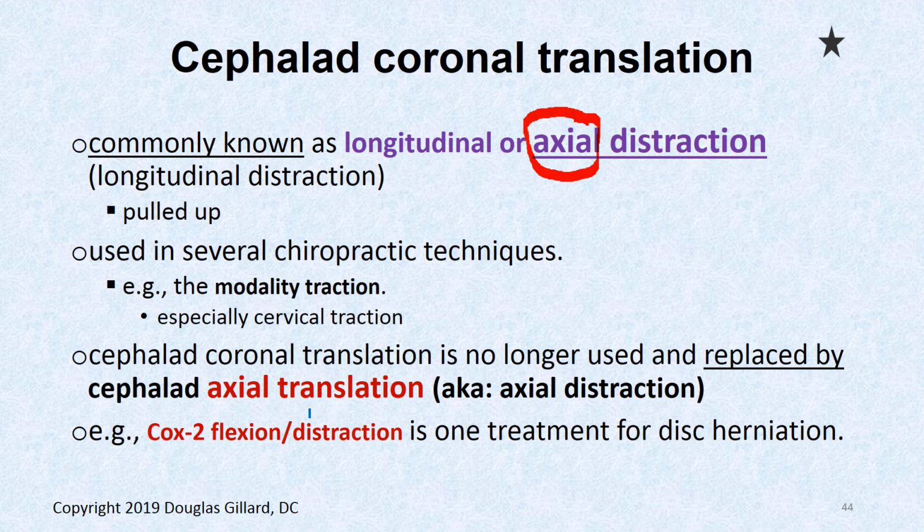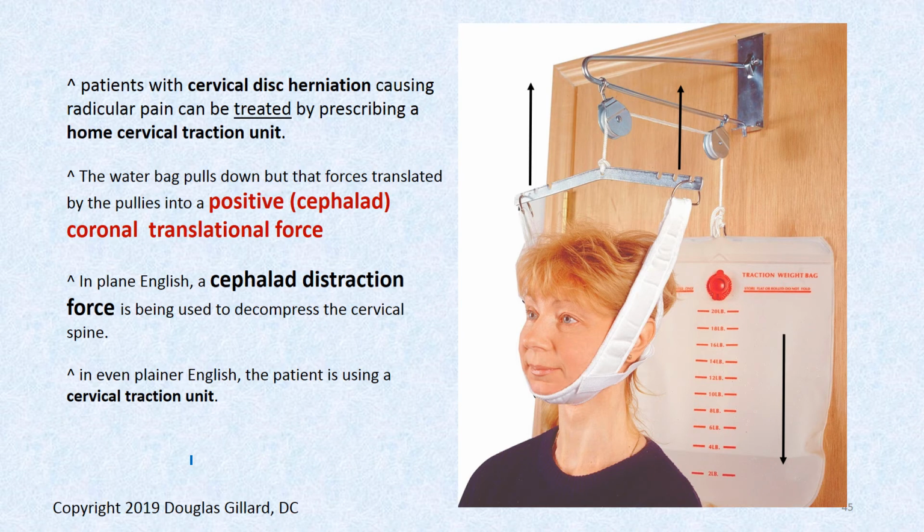Okay, there are some treatments like Cox treatment that do this. So here's a perfect example. This is a home traction unit. You can give these to your patients with neck herniated discs, and they can put water in here, and water has a certain weight, so they have the same force, and there are some little pulleys here, and we have a force pulling up on her head. What type of force is that?